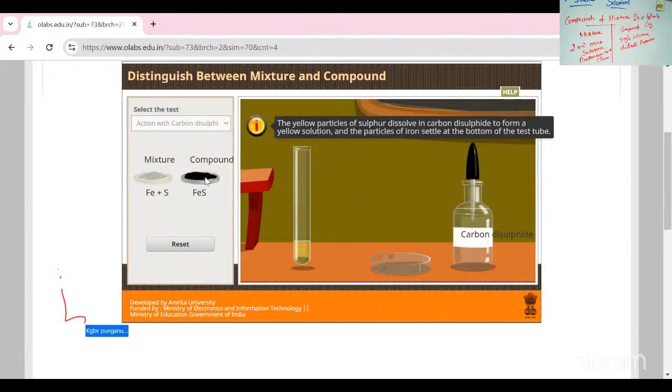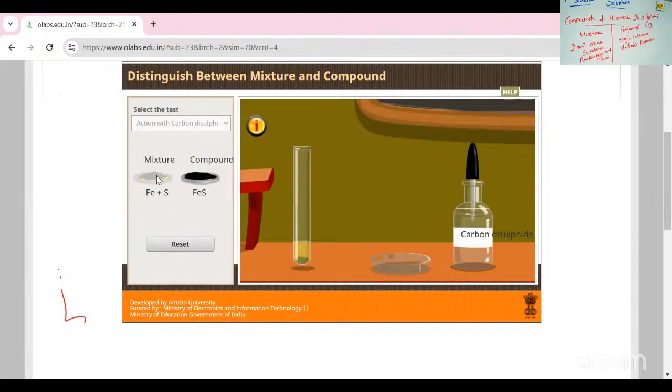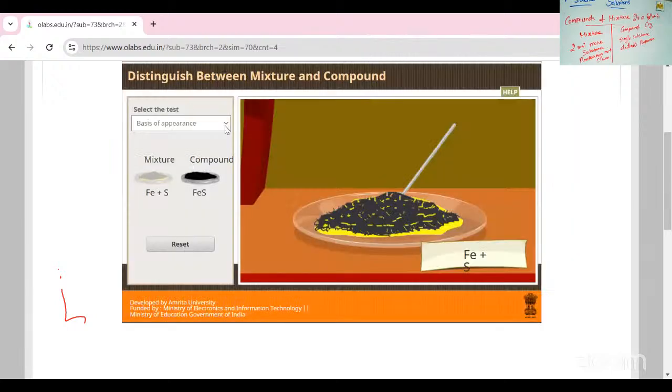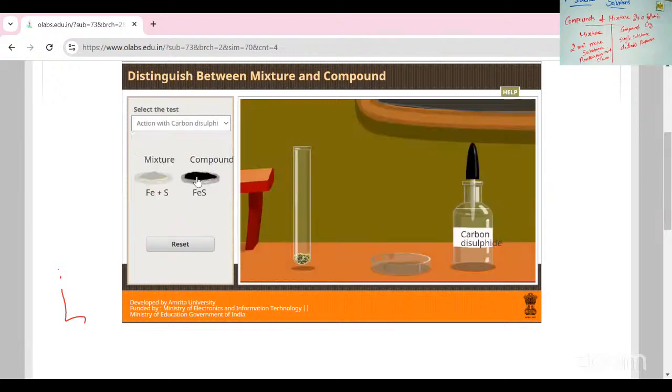Okay. Next one, I am choosing the compound. Carbon disulfide, I am choosing that.